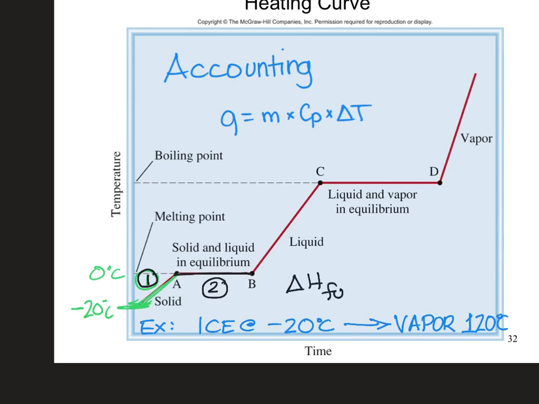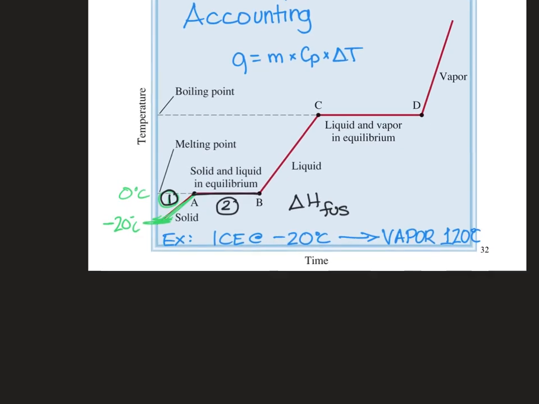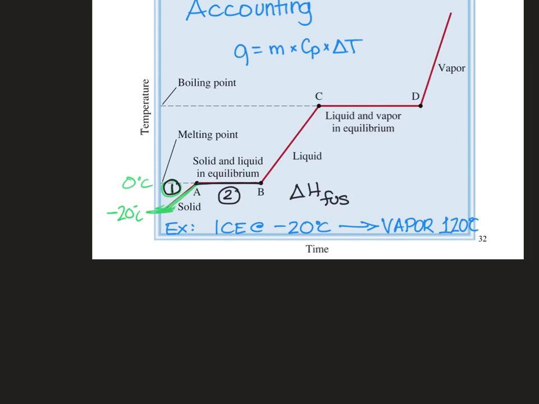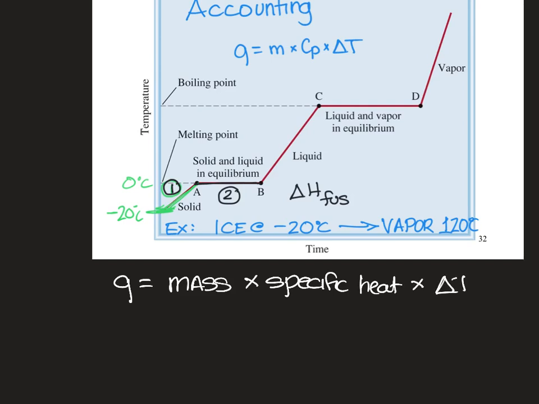So step 2, I would need the heat of fusion. Let me do a little thing down here. Again, I like to do lists. So Q equals mass times specific heat capacity times change in temperature. This would be step number 1. I would use this equation.